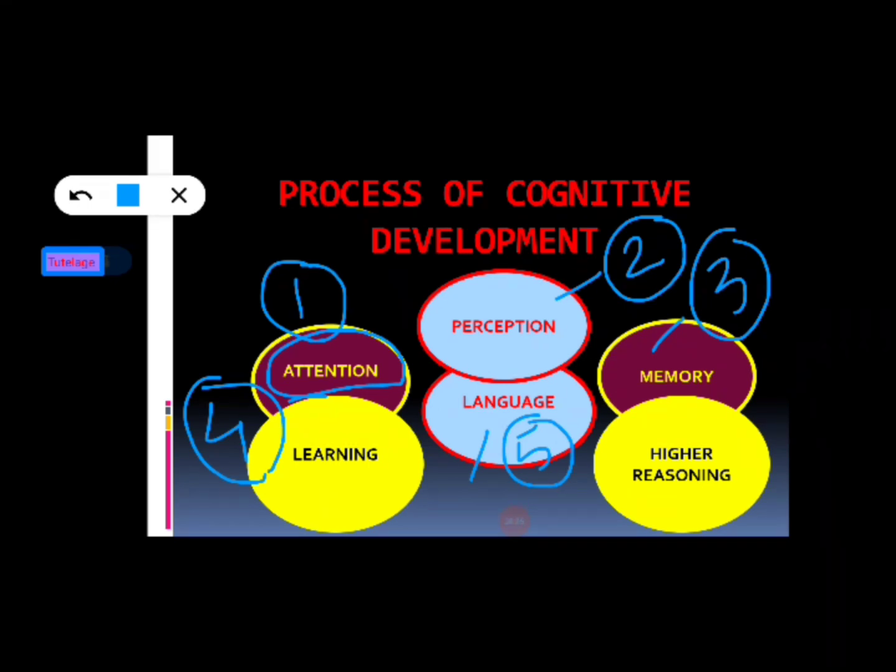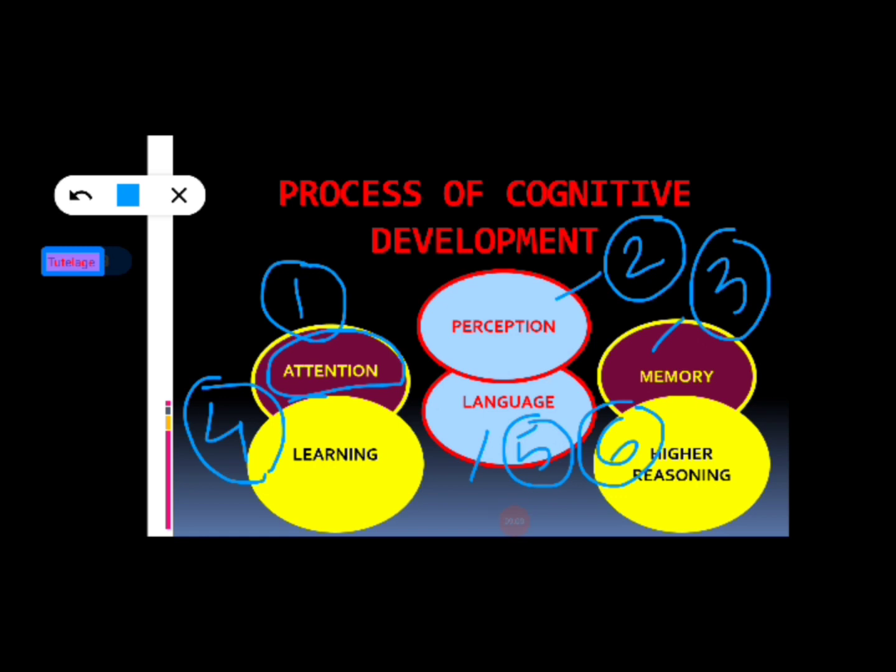Now going to the last stage, number 6, which is known as higher reasoning. The last process or last stage of cognitive development is higher reasoning. Higher reasoning basically indicates the process that involves reflective cognition, such as problem solving, planning, reasoning, decision making, etc. So I think it is clear what the stages or processes of cognitive development are.